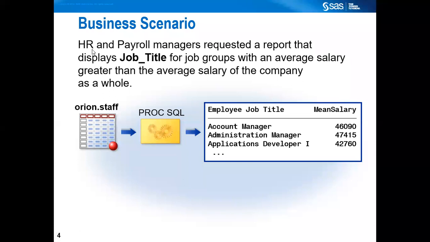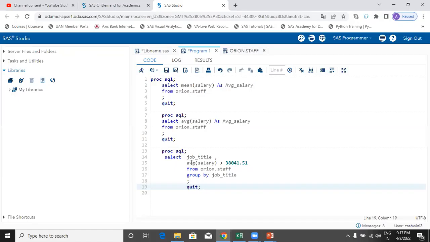What it was telling: HR and payroll managers requested a report that displays job titles for job groups with an average salary greater than the average salary for the company as a whole. As per our code, we are calculating average salaries by grouping your job title, and within that we have to see which group averages exceed the company's average salary.